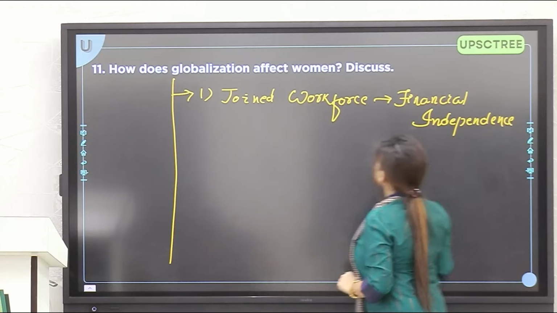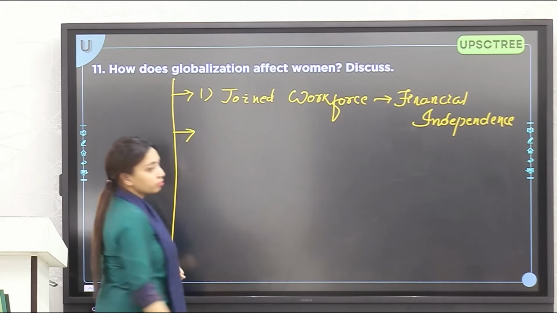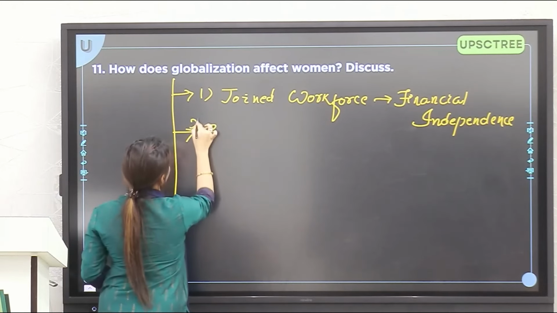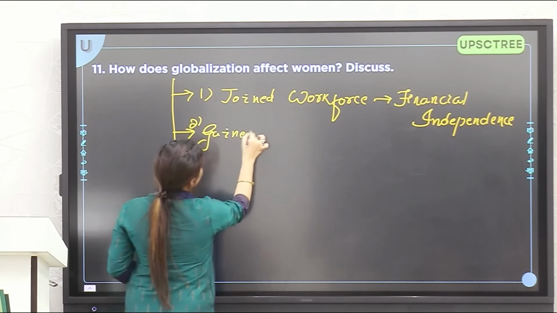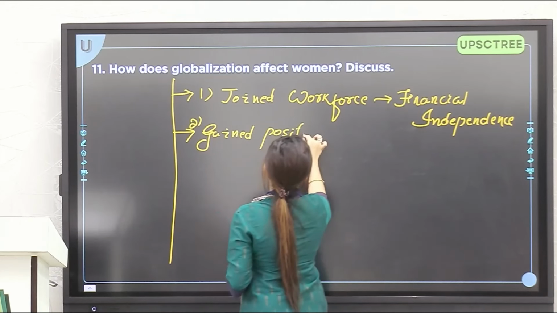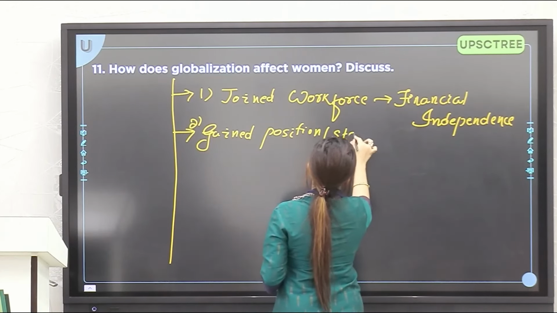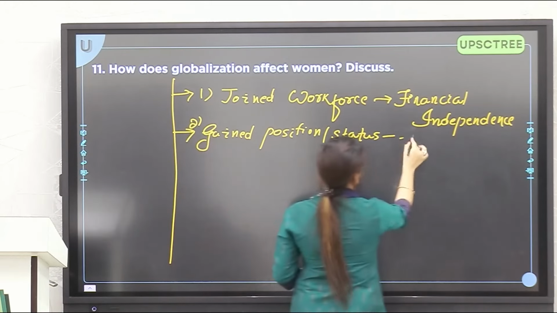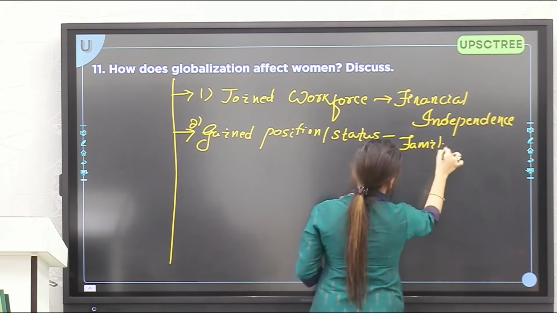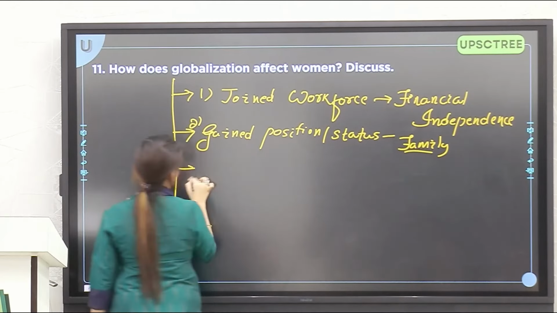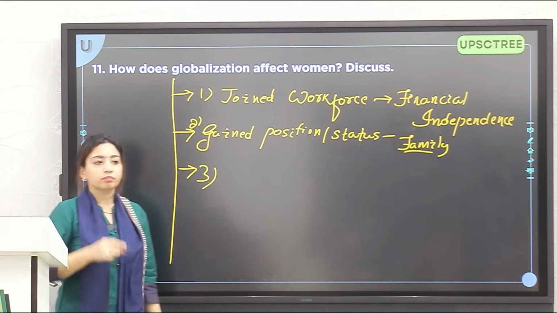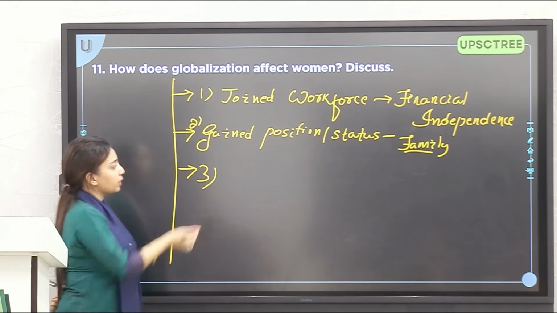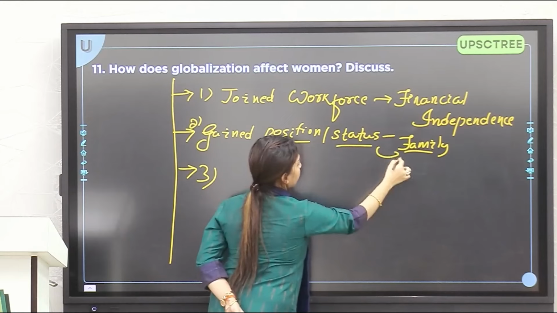Then gained position or status in domestic life or family. What else will there be? What else will there be? Same thing, okay. Position or status in family means that only.